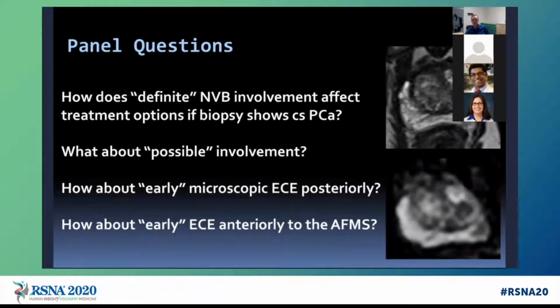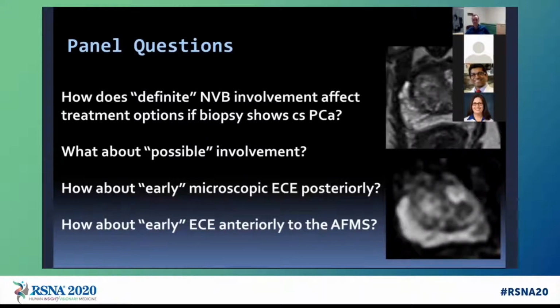So whether it's possible versus early versus neurovascular bundle involvement, whether or not you're adding hormone therapy is largely going to be based off of the Gleason score, not so much how confident we are in the neurovascular bundle involvement.